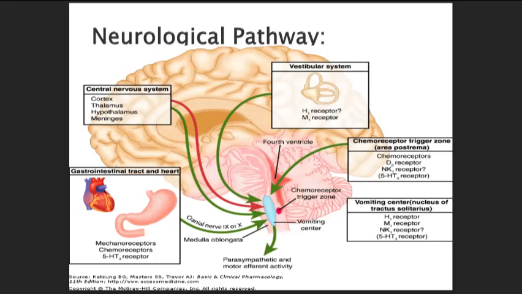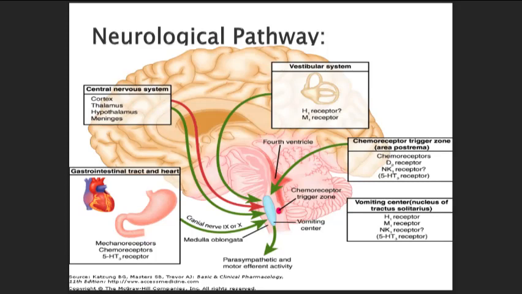In the central nervous system, the cortex, thalamus, hypothalamus, and meninges carry impulses and transmit them to the medulla oblongata where the emetic centers are present. The GI tract is stimulated by mechanical receptors as well as chemoreceptors and 5-HT3 receptors for the transmission of impulses towards the vomiting center.